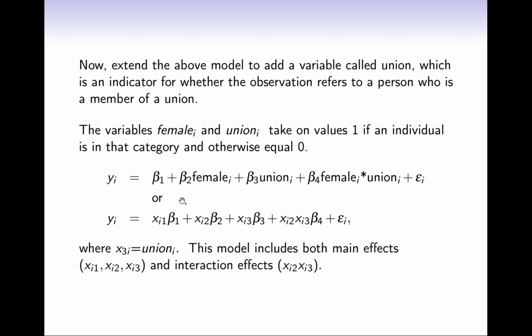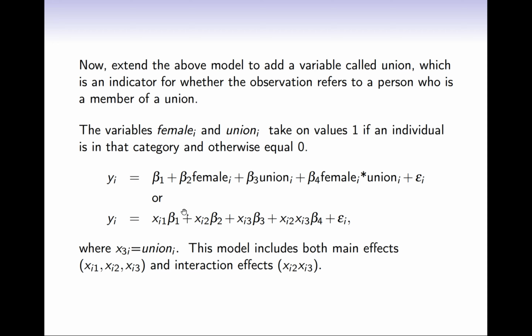Here in this regression, we have a female effect, a union effect, and then female interacted with union. This allows the union effect, the union wage premium if unions increase wages, to differ for females and males.